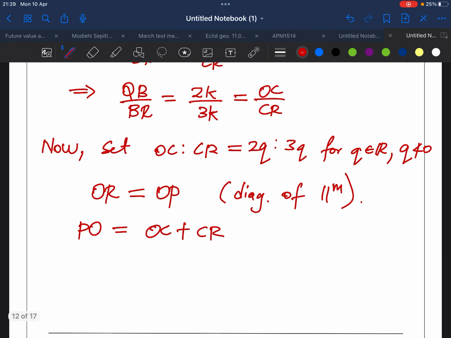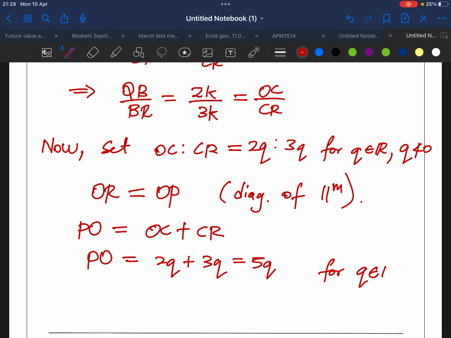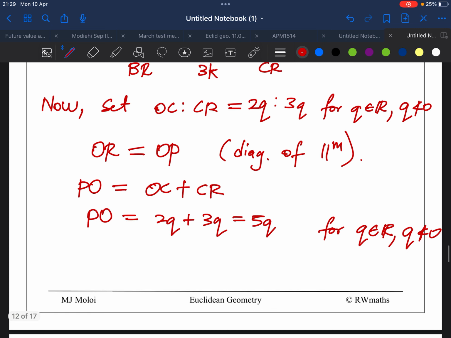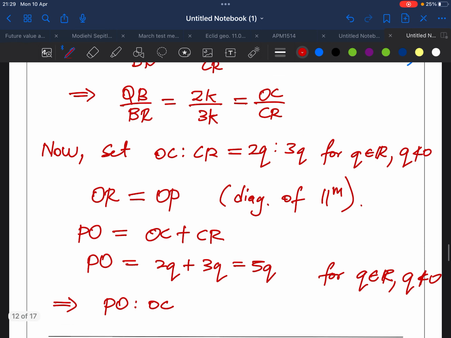Now PO will be equal to OC, which we see is 2Q, plus CR, which is 3Q. So now we have 5Q, for Q an element of real numbers, where Q is non-negative. Now let us say this implies that PO is to OC. Let us check our sketch.